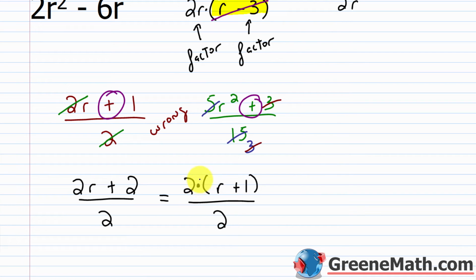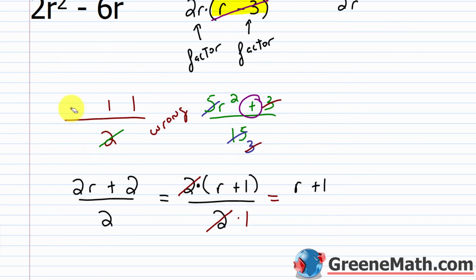Now I have multiplication. 2 is a factor, and the quantity r plus 1 is a factor. So I can cancel this factor of 2 with this factor of 2. Again, I could write this 2 as 2 times 1. So now this simplifies to r plus 1 over 1, or really just r plus 1. So we're looking to cancel common factors, okay? Please don't make this mistake.